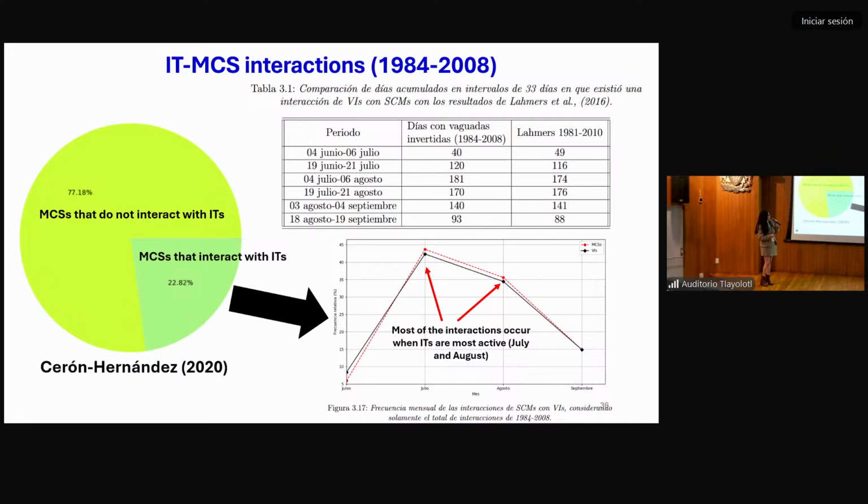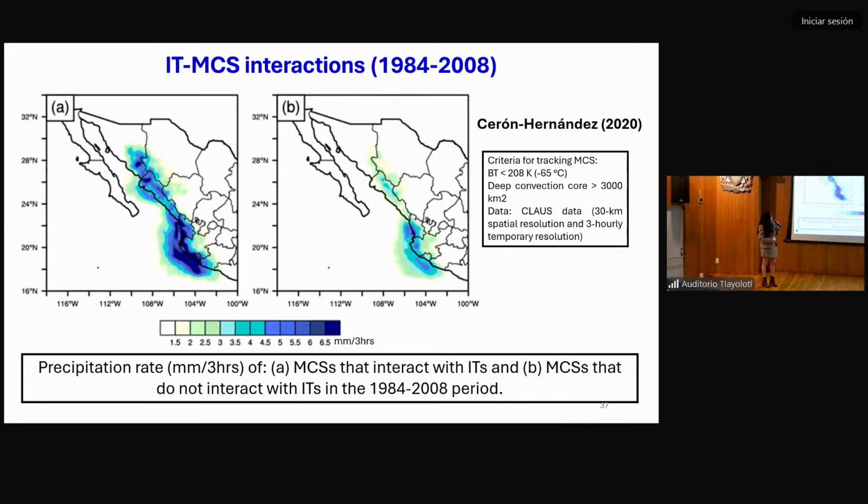Sorry, the table and the figure are in Spanish. Sorry for that. But July and August are very active in terms of the inverted troughs. Do you remember that the troughs are very active during these months? So the interactions with the mesoscale convective systems are more frequent during these months.